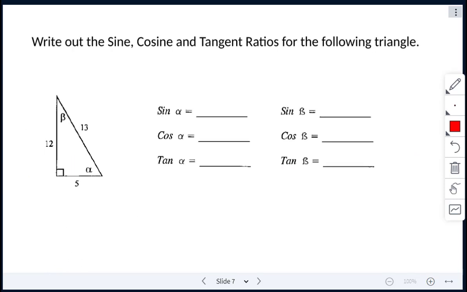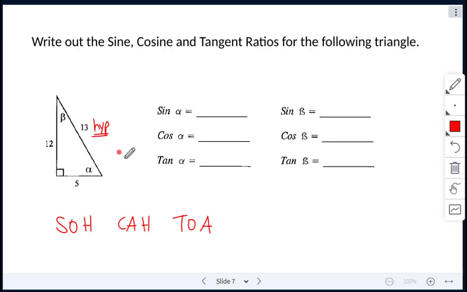Okay, for our first example, we need to write out the sine, cosine, and tangent ratios for this triangle. So sine of alpha, there's alpha, and I'm going to write out our acronym here, SOHCAHTOA. For sine, we know it's opposite divided by hypotenuse. This is our hypotenuse. That doesn't change. The hypotenuse is always found across the right angle.